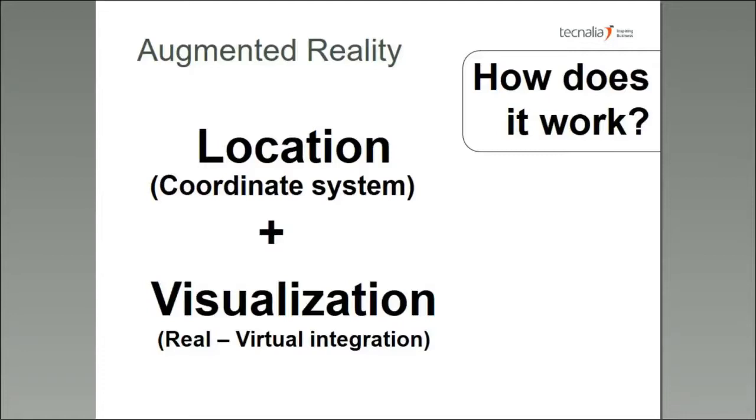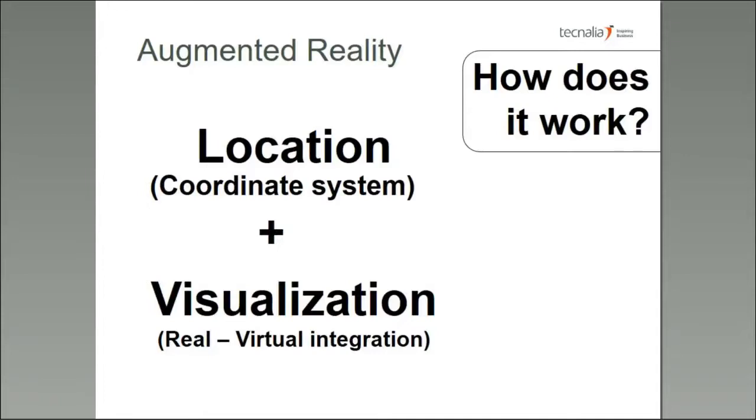Once the device knows where it is or what is in front of it, then it is able to visualize information over the object or the pattern. And this is the way augmented reality works, always, from the easiest example to the more complex application. The device needs to interpret the reality and get the location of the things.